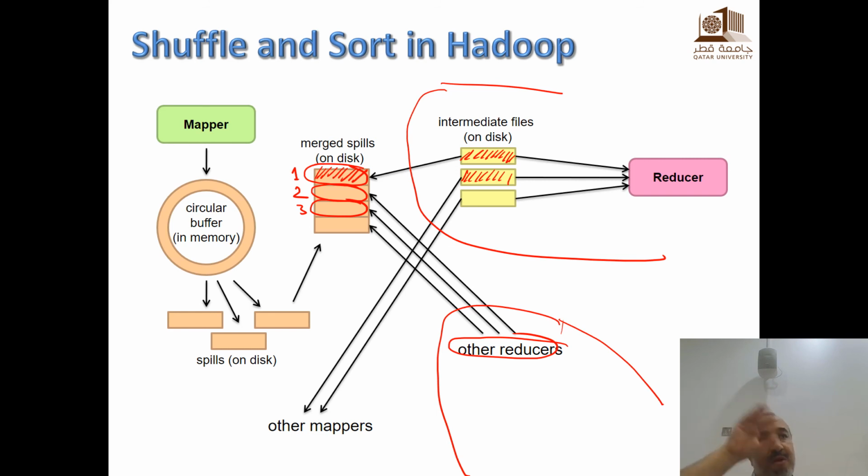Again, this task will be assigned to another reducer. Yeah. You didn't answer my question: why do we put this data, the intermediate output, on the local disk, not on HDFS?